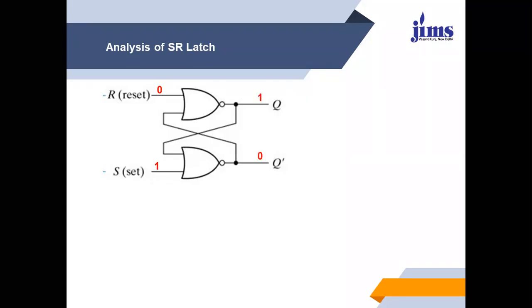And let us assume that the previous output was 1, hence the complementary output was 0. Our analysis starts with the NOR gate which has 1 as input. So here S equals 1, then the output of the gate will be 0. 0 comes here. With 0, 0 as input to the NOR gate, output will be 1.